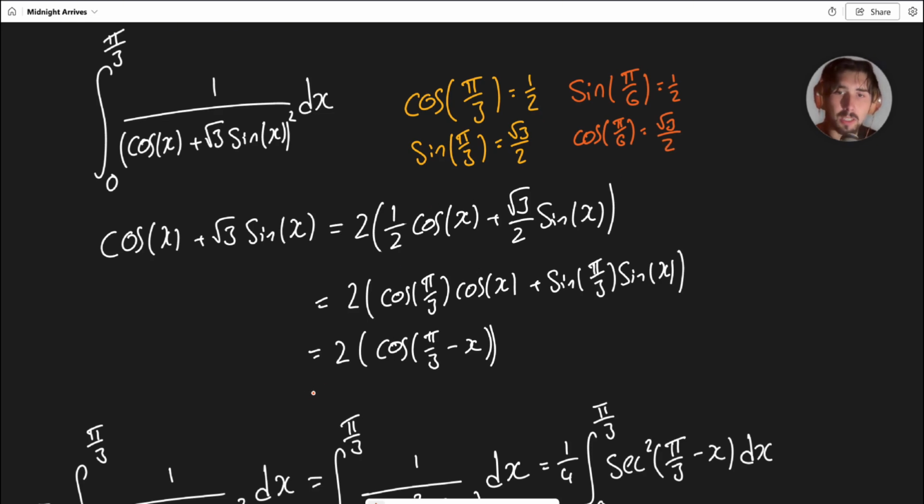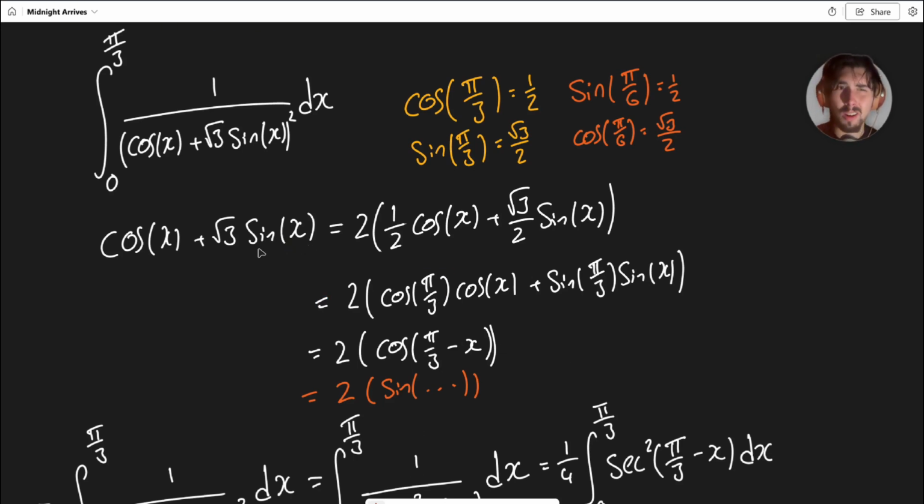And then you could end up rewriting this as 2, and then you'd have a sine function and stuff here. Why don't you do that instead? And the answer is you can, but it's just a little bit more annoying. And that's because 1 over sine squared, that's the integral of cosec squared, is less commonly remembered off the top of the head. So it's much easier to do the integral of sec squared than the integral of cosec squared, in my opinion. But it's not a problem, you can do it that way.